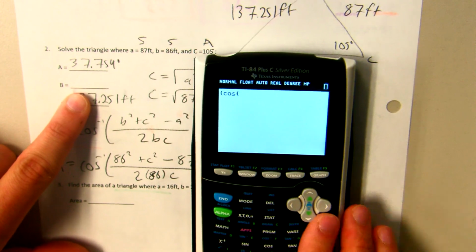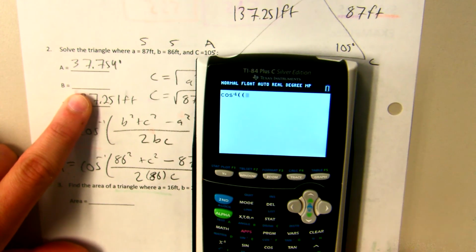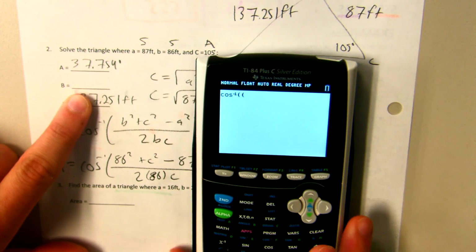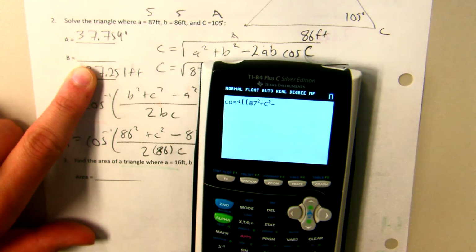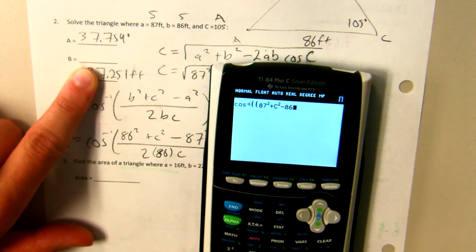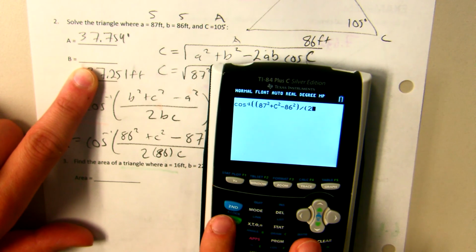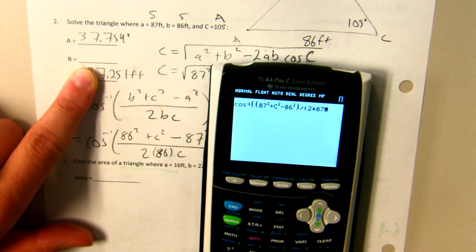It would be inverse cosine of a squared plus c squared minus b squared over 2 times a times c.